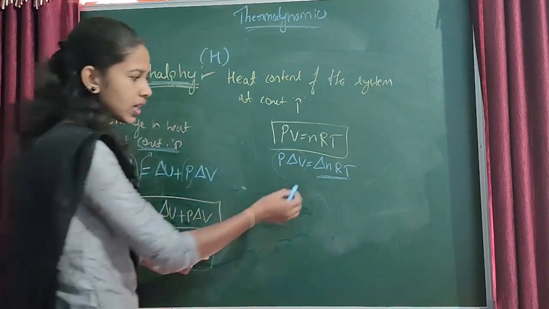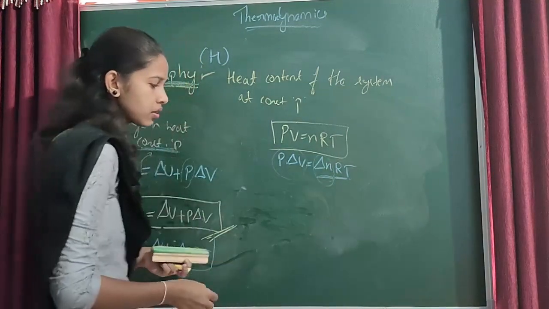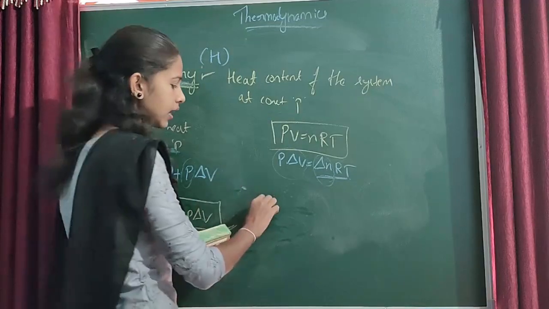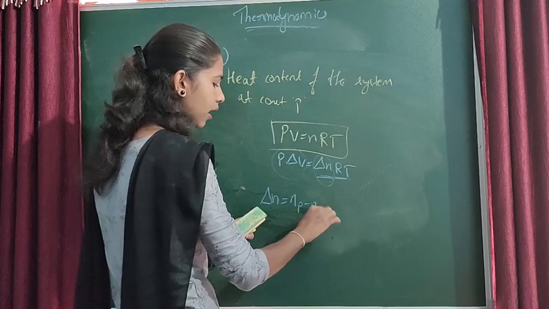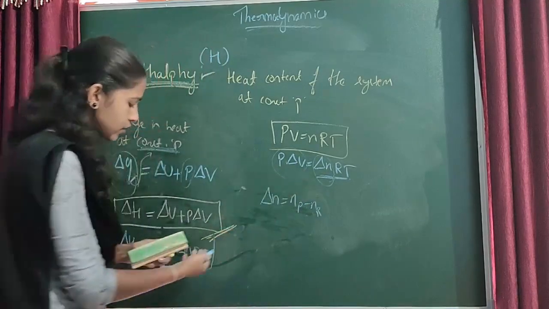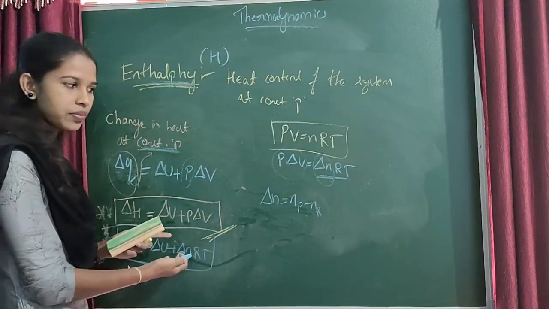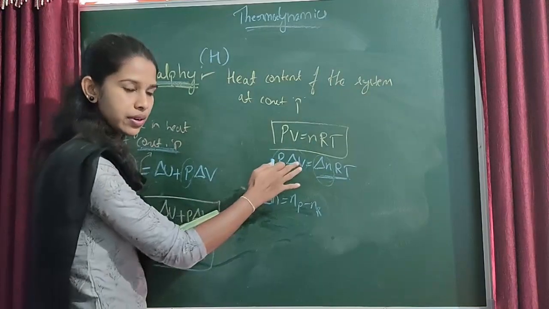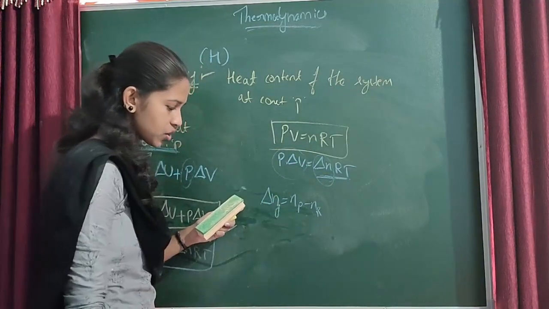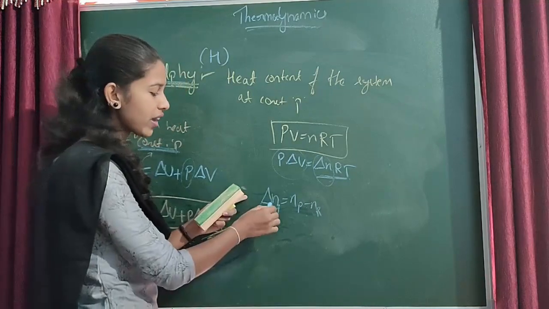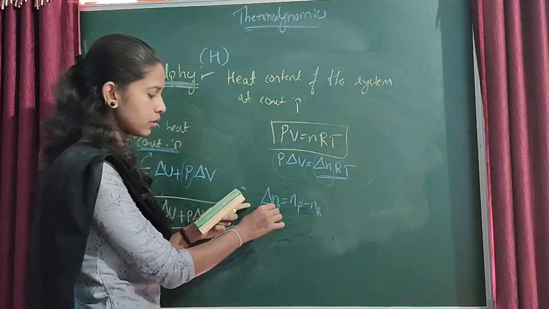Here, how can we calculate this delta n in a given reaction? Delta n is equal to n_P minus n_R. Actually, this is applicable for gaseous systems, right? This is the ideal gas equation, hence here we put subscript g. That means it is applicable for gaseous reactants and products.